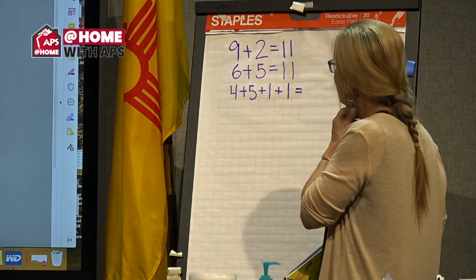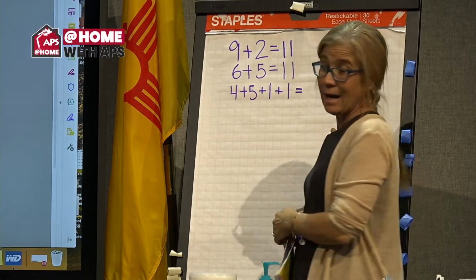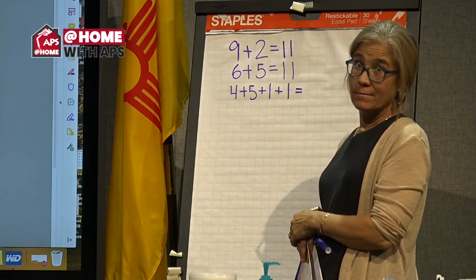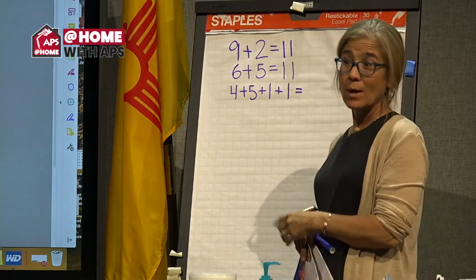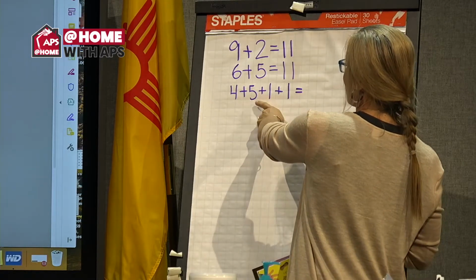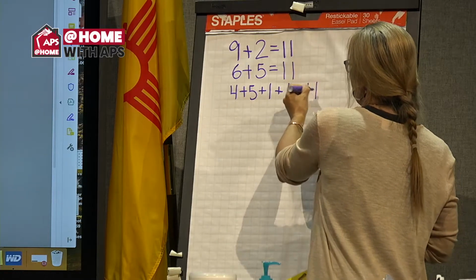Do you see a way to make 10? The 4 and 5 makes a 9, and 9 and 1 more is 10. Or if we put a 1 with one of these 4s, 4 and 1 from our warm-up, we know makes 5, and a 5 and a 5 would be 10 and 1 more. So I think that's definitely 11.